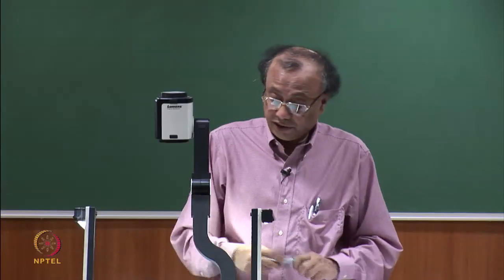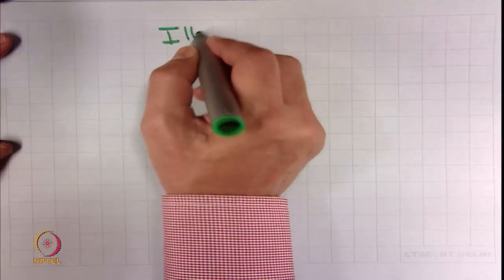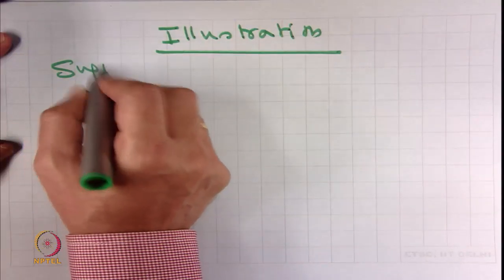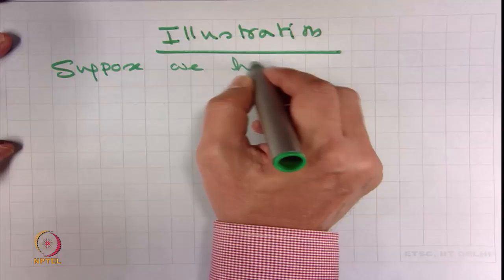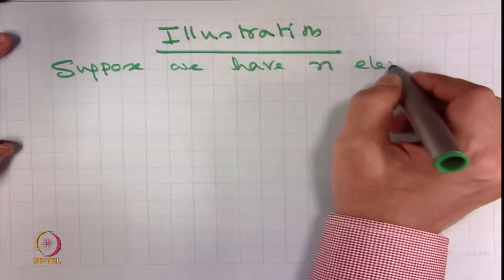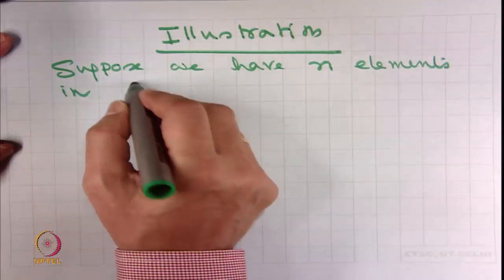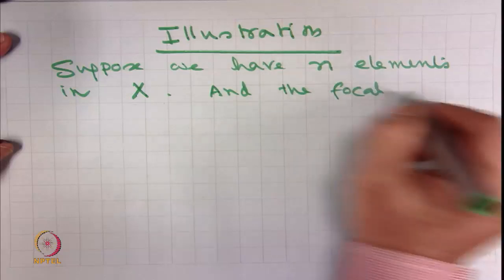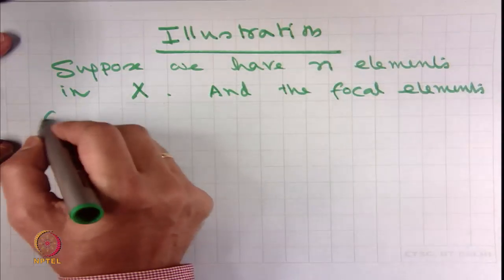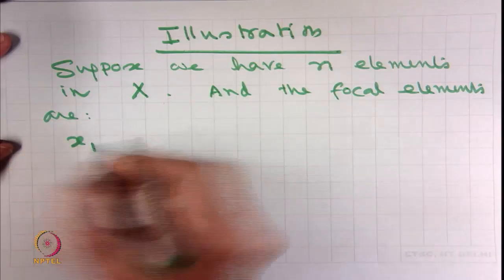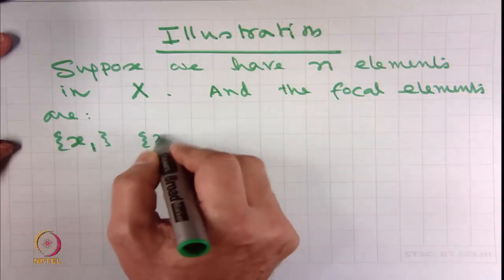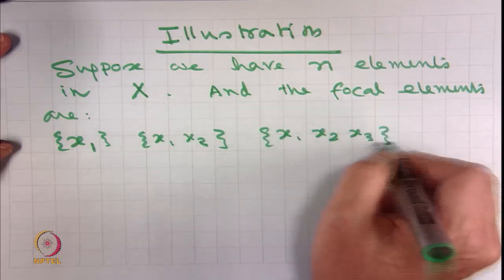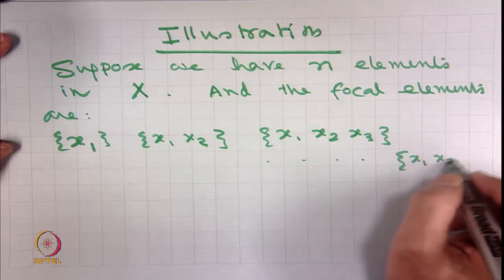So, let me first give an illustration. Suppose we have n elements in X and the focal elements are, say, {x1}, {x1, x2}, {x1, x2, x3}, up to {x1, x2, ..., xn}.